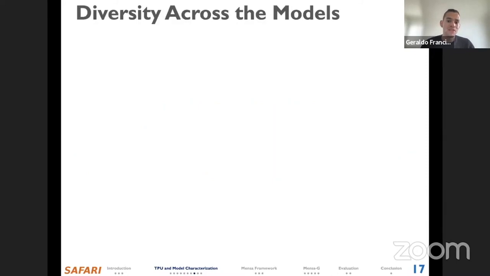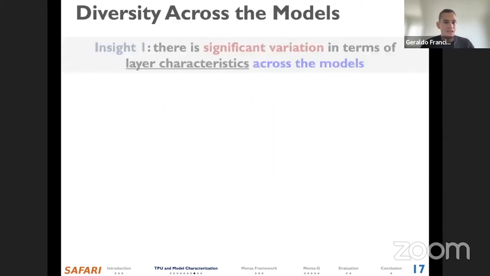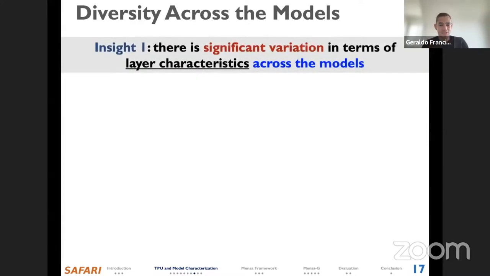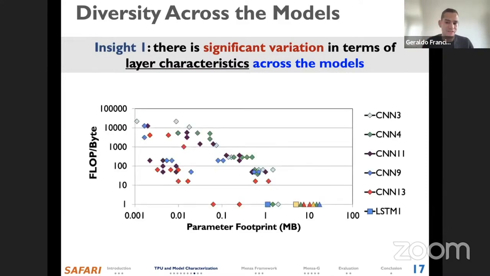So we draw two insights from our model analysis. The first one is that we observe that there is a large variation in terms of layer characteristics across different models. To illustrate, here we have a figure that shows the total parameter footprint for different layers and the FLOP per byte reuse across different layers for representative CNNs, LSTMs, and transducers.